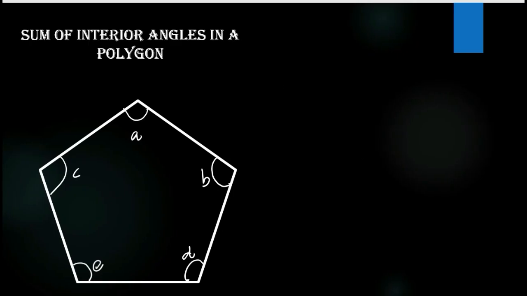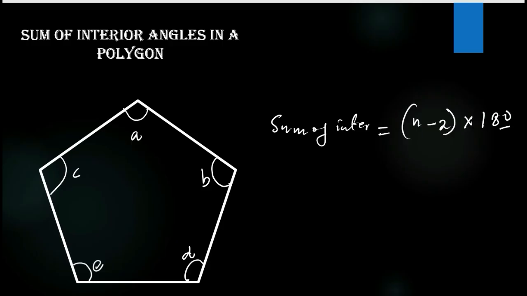In finding the sum of interior angles in a polygon, I'll leave you with this formula that says the sum of interior angles of a polygon is equal to n minus 2 times 180. Now, if I have this polygon here that has 5 sides, this is 1, 2, 3, 4, and 5.